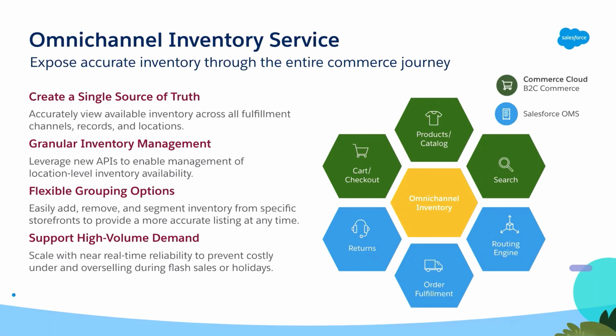With omnichannel inventory, merchants can configure fulfillment locations, segment inventory by channel using location groups, and view inventory availability across locations and products. And it's natively integrated with Salesforce B2C Commerce and Salesforce Order Management. So this really enables you to scale accurately during high volume time periods, so you can avoid under or overselling.